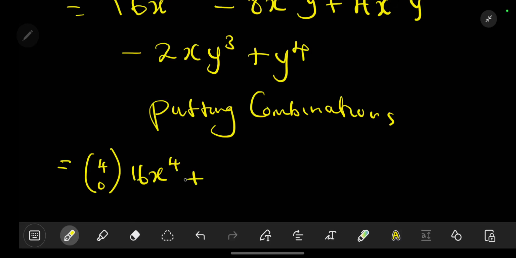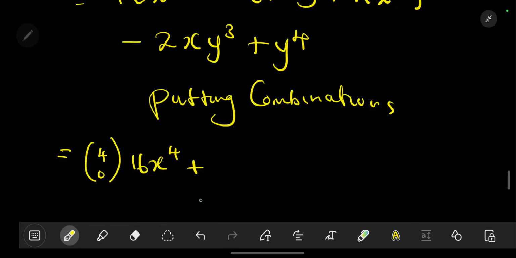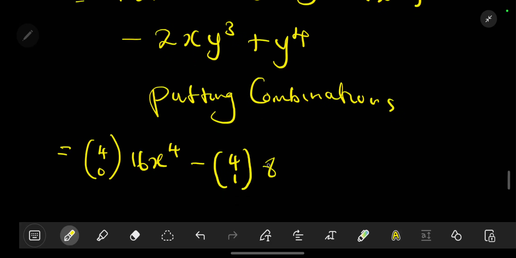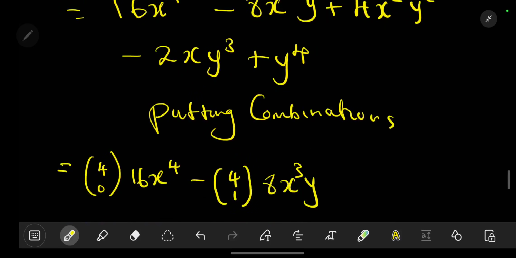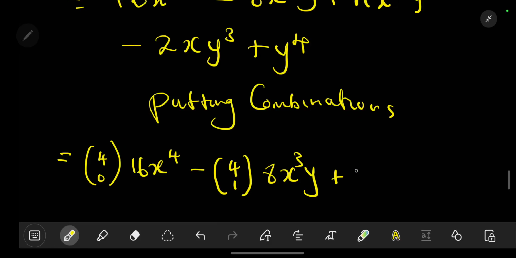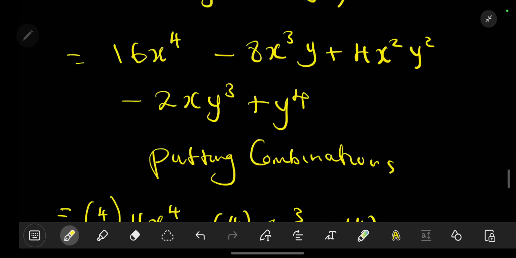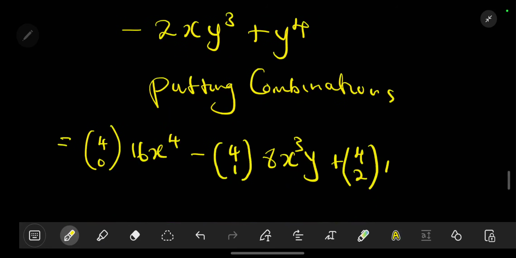Then minus 4 combination 1 times 8x cubed y. Then plus 4 combination 2 times 4x squared y squared.